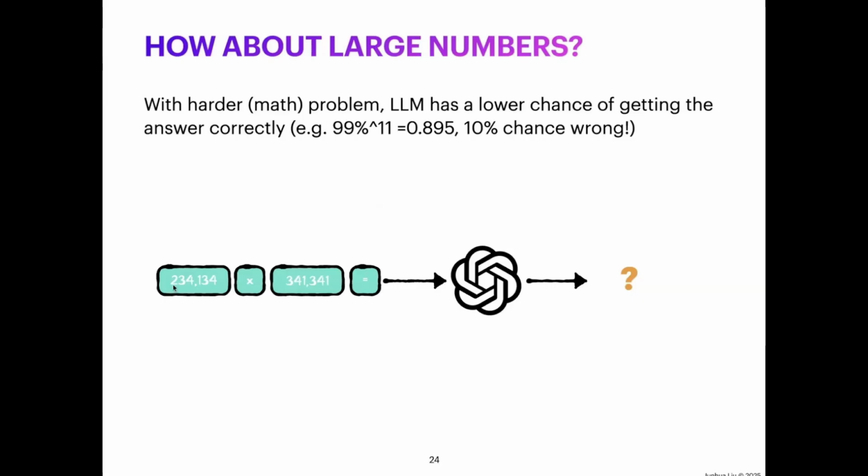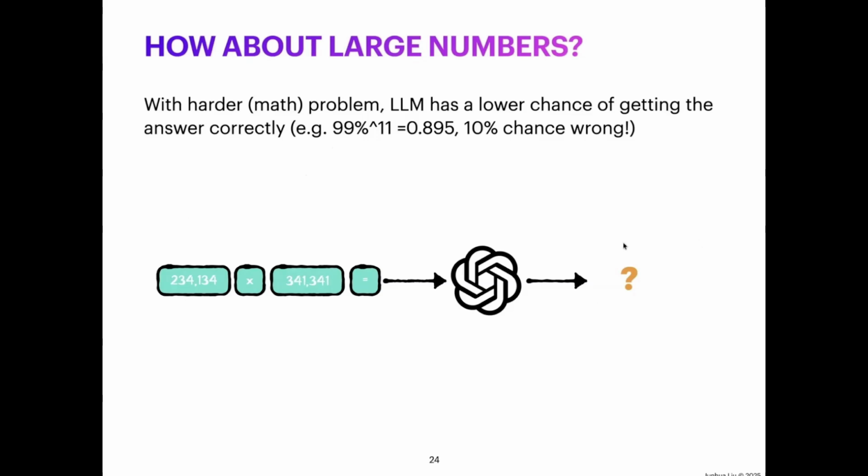But when the math equation gets longer, large language models tend to make mistakes more and more often. For instance, if it's a 6-digit by 6-digit multiplication, this will generate an 11-digit number. That means the large language model will need to guess 11 times.